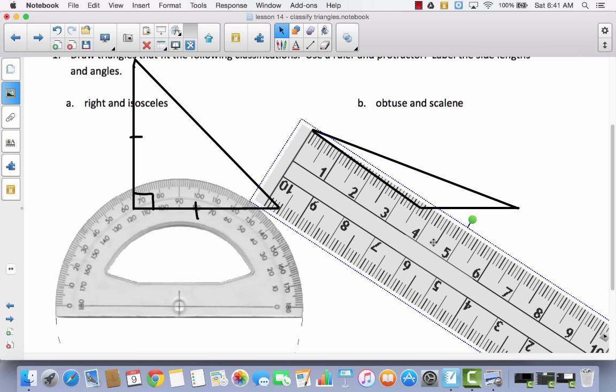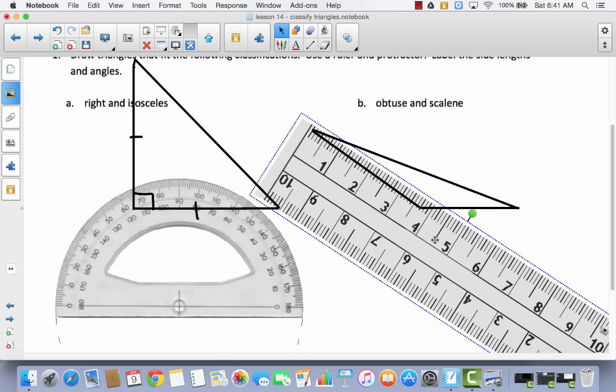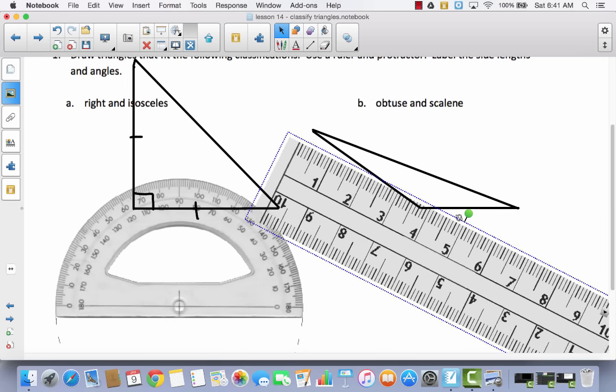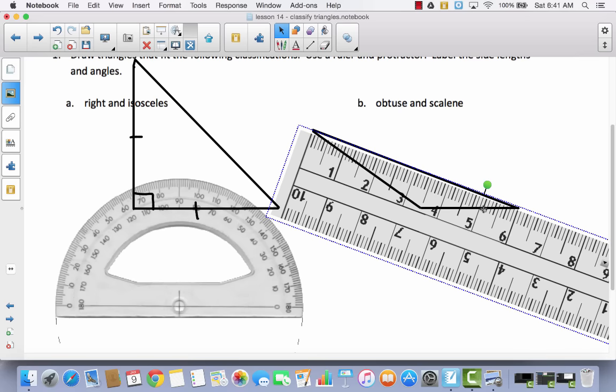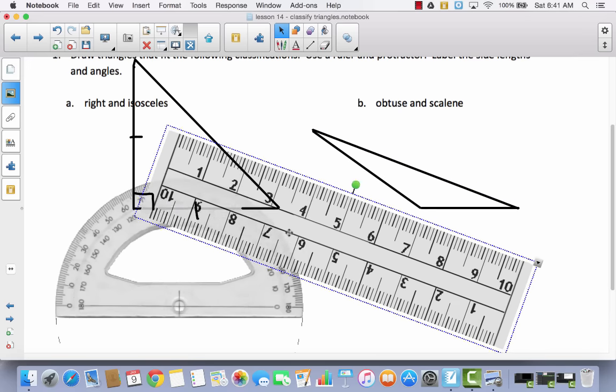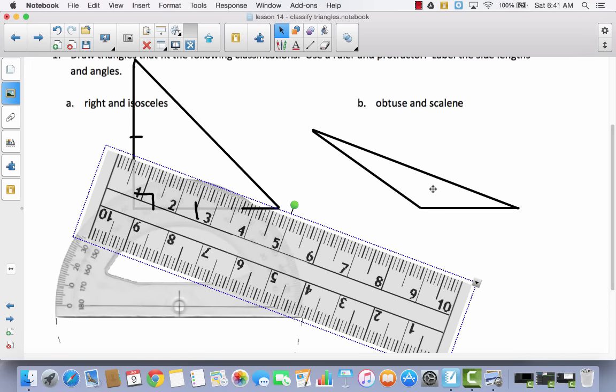This is about 3, almost 4 centimeters. And then let's measure the other one up here. It's hard to get this straight on a computer. It's so much easier on paper. All right, and this is 6 centimeters. So yes, because none of the sides are the same length, it is a scalene triangle. And because this angle is obtuse and these are acute, it is an obtuse angle triangle.